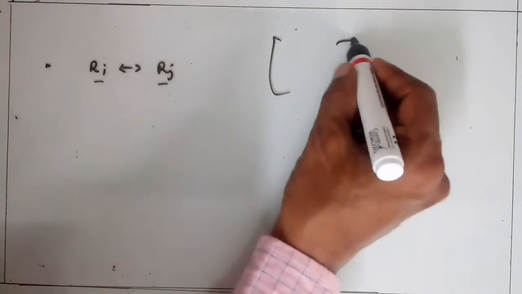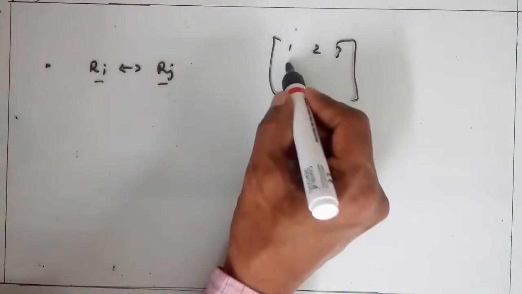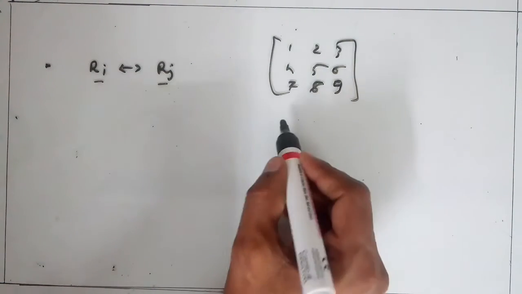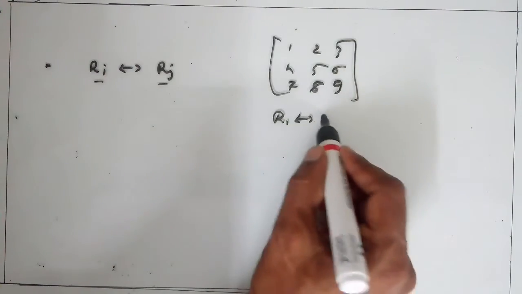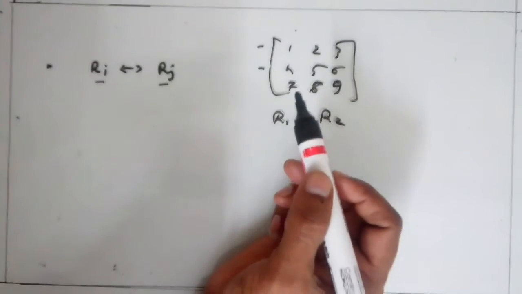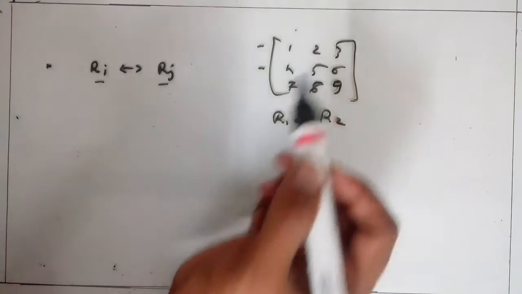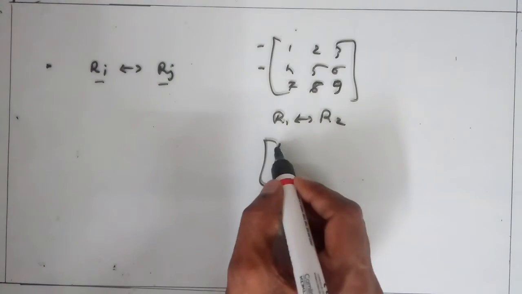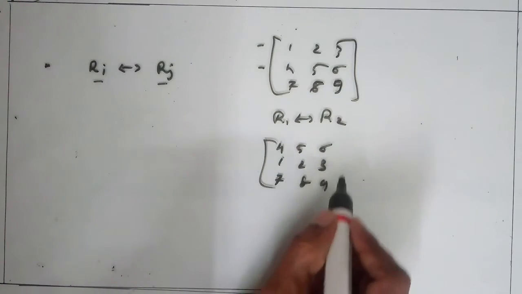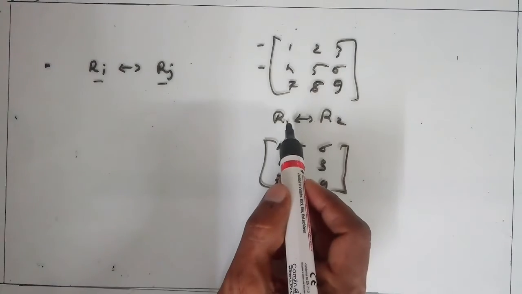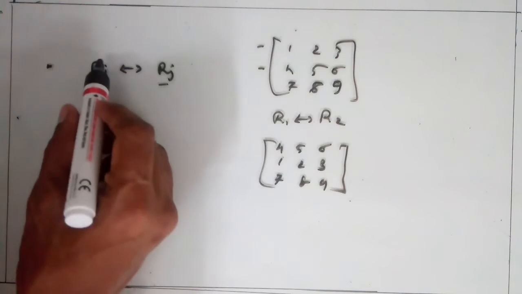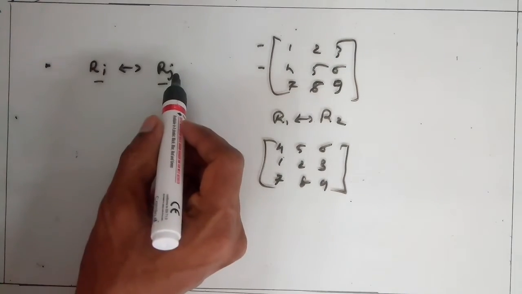Like in a matrix 1, 2, 3, 4, 5, 6, 7, 8, 9, if we apply R1 to R2, then we interchange the first and the second row. The second row becomes first and the first row becomes second. That is 4, 5, 6, 1, 2, 3, 7, 8 and 9. Clear? So this is R1 to R2. Ri to Rj, that is interchange the ith row and jth row.